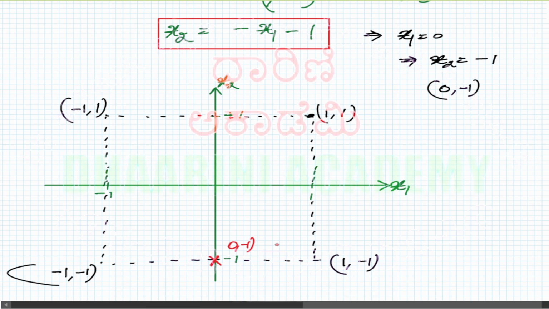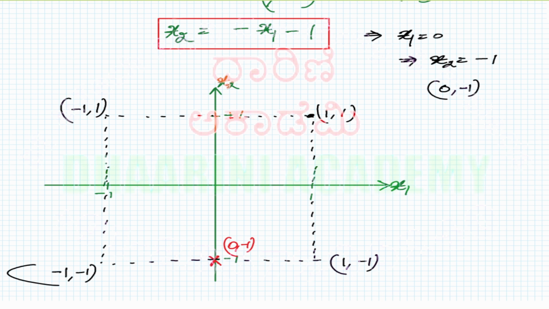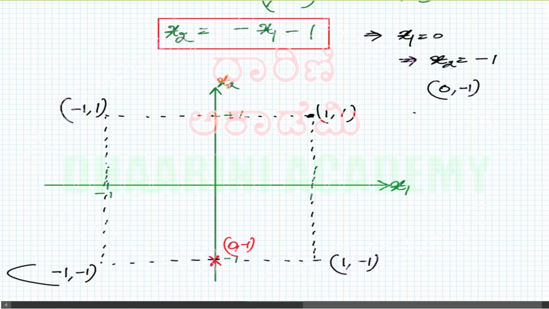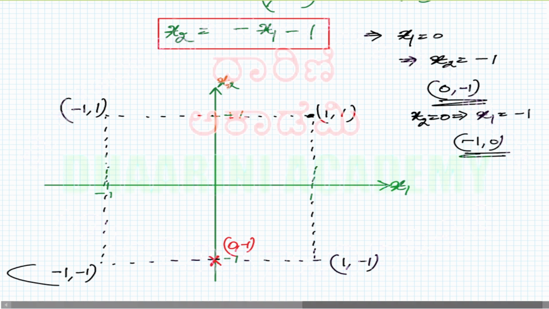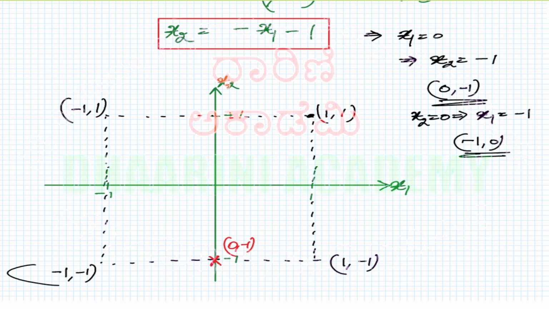Similarly, let's make x2 equal to 0. When x2 equals 0, what happens to x1? x1 equals minus 1, right? So minus 1 comma 0 is the next point. Let's plot this. Where is this point? This is minus 1 comma 0.